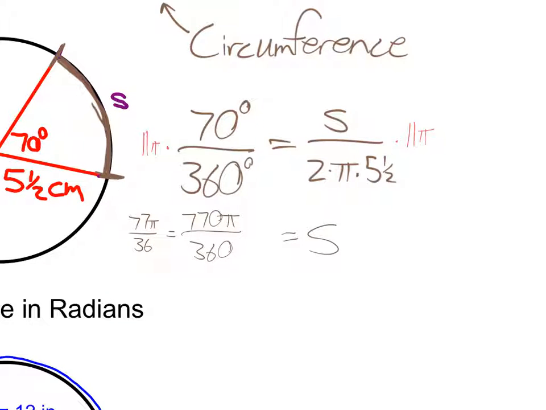That doesn't reduce, so I could leave it there, or I could figure it out as a decimal: 77 times pi divided by 36 is approximately 6.72. Sorry, where'd you get 11 pi? 2 times 5.5 pi. Right. So our arc length is approximately 6.72 centimeters.